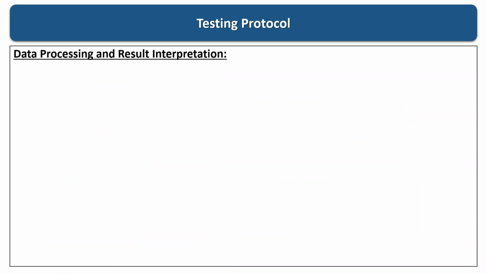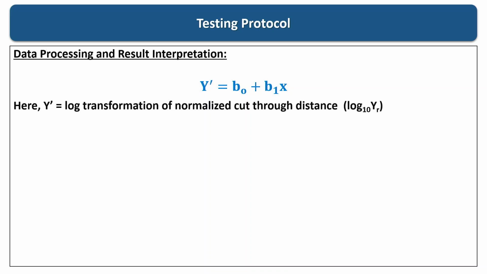Now, data processing and result interpretation. Y dash equals B0 plus B1 x, which is the logarithmic method. In the logarithmic method we get a straight line, where y dash is the log transformation of the normalized cut through distance, the log 10 of y, where y is the normalized cut through distance.